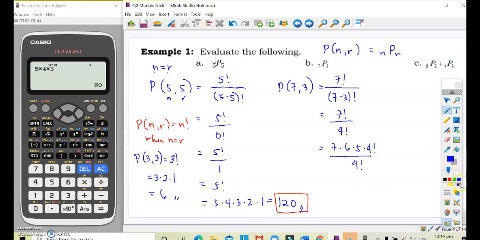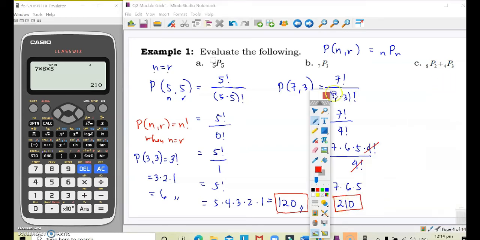We can cancel 4 factorial. That leaves us with 7 times 6 times 5, and the result is 210. So there are 210 ways to arrange 7 objects taken 3 at a time.